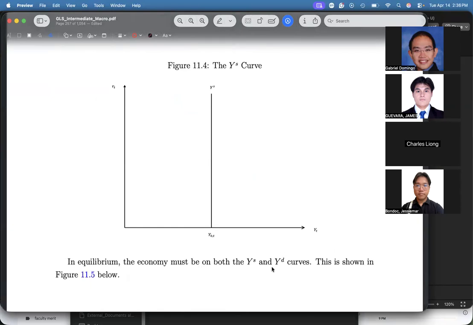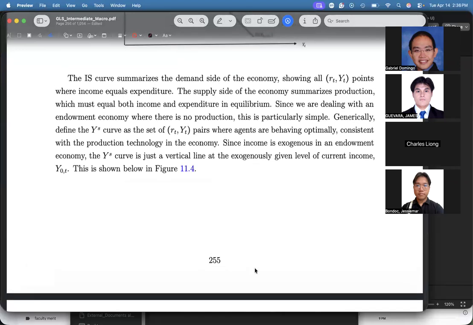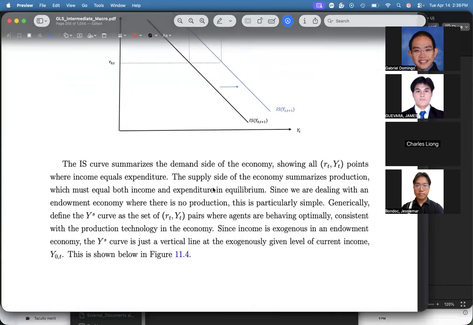The YD is the desired expenditure, which is again consumption. What is YS? If the IS curve summarizes the demand side of the economy, showing all R and Y points where income equals expenditure, the supply side of the economy summarizes production, which must equal both income and expenditure in equilibrium. So that's the supply side.